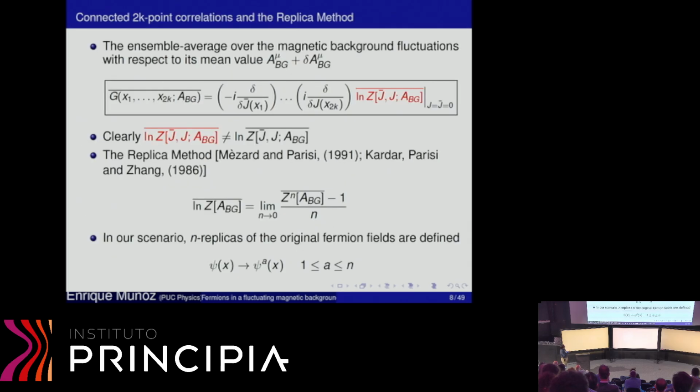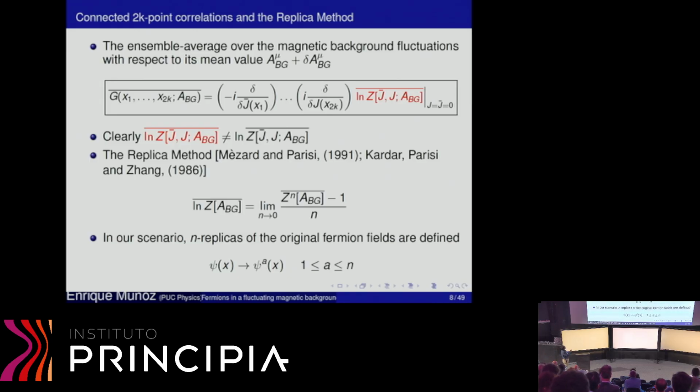And then how do we perform such averages? Well, one needs to think that in the context of quantum field theory, all observables can be expressed in terms of correlation functions. So if we consider an n-point, in this case a 2k-point correlation function, it will be functional also of the configurations of this background field.